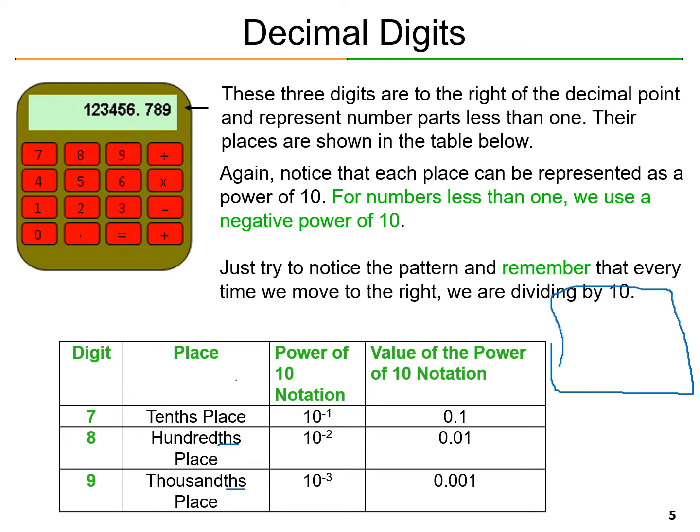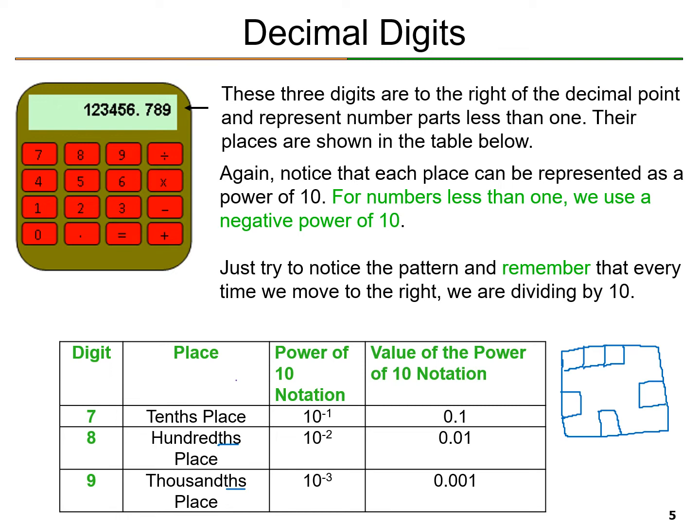Let me start over and draw a better square. That is somewhat of a square. And let's divide it up into 100 parts. Now, I'm not going to sit here and divide it up into 100 parts, but just try to imagine that I have divided it up into 100 equal parts.